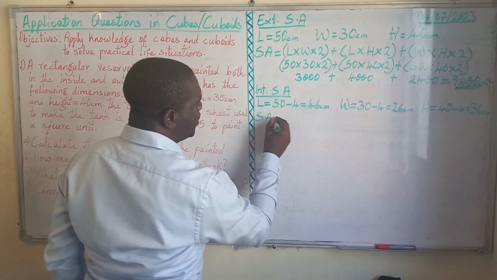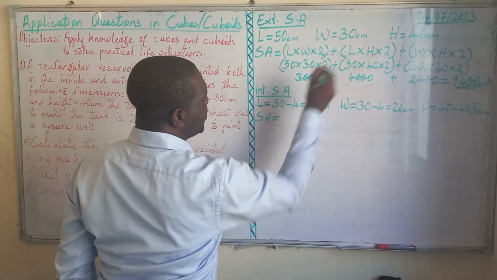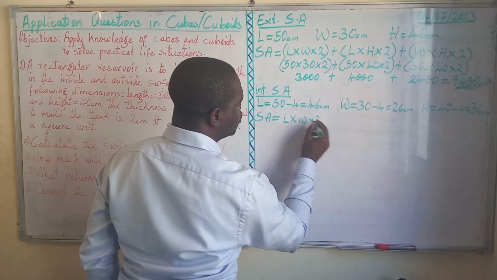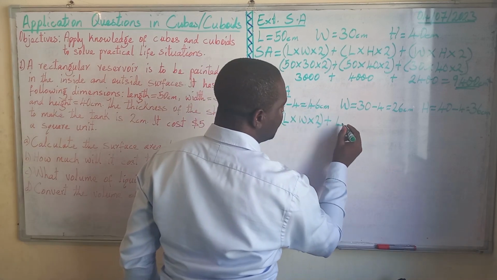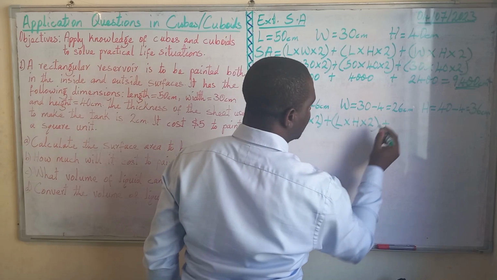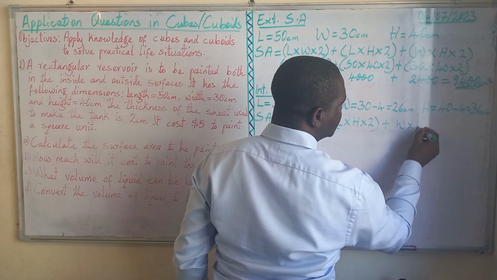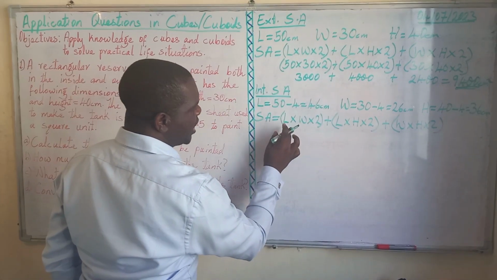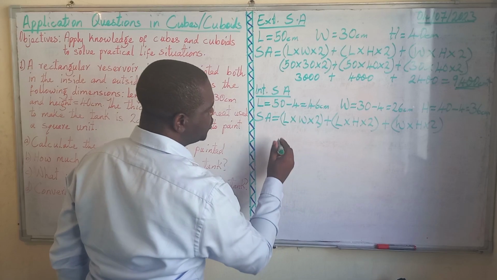Surface area will be equal to, same thing, length times width times 2 plus length times height times 2 plus width times height times 2. We get our new length and width and height substituted here.